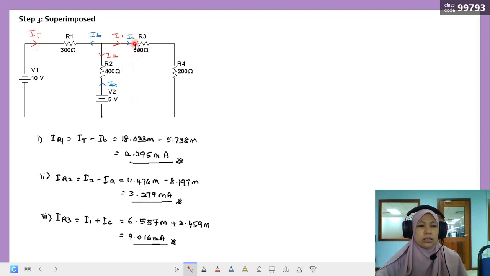And then IR4 is the same as IR3. To get IR3, I1 plus IC, because it is in the same direction, so we get the answer 9.016 milliampere. So we have answered all the questions, IR1, IR2 and IR3.